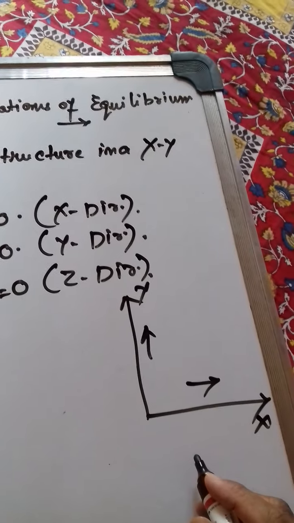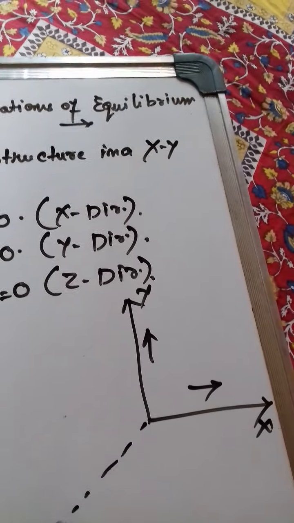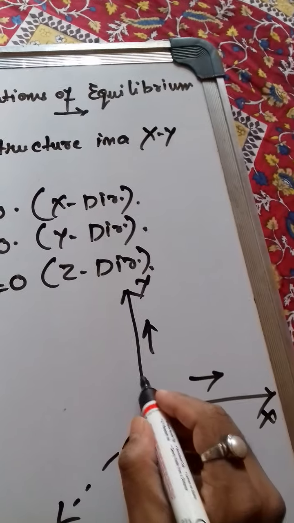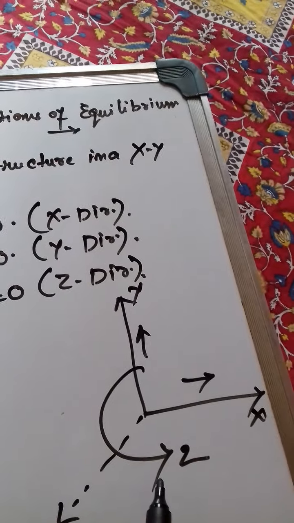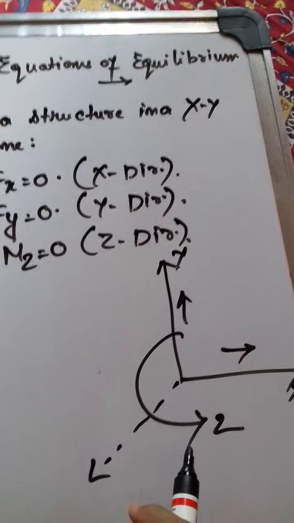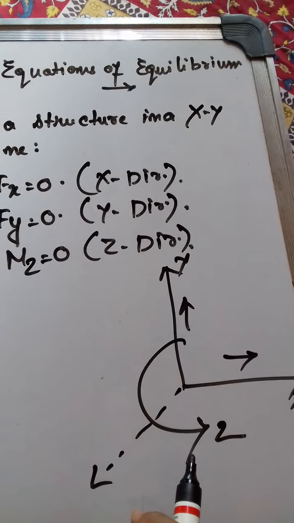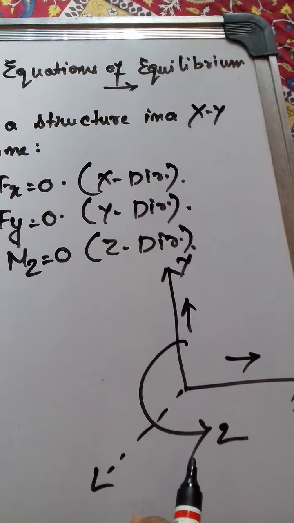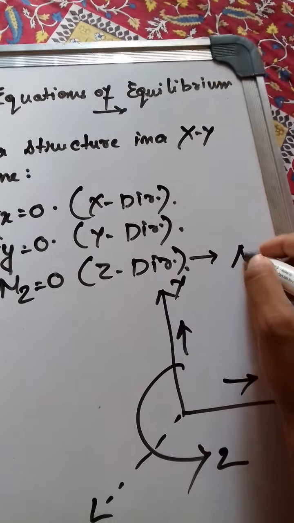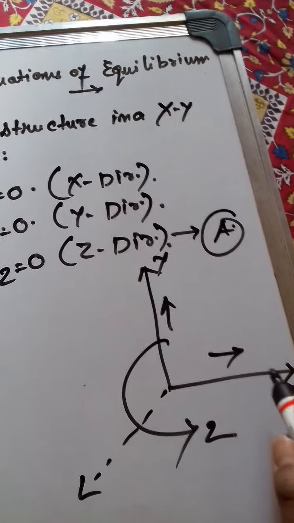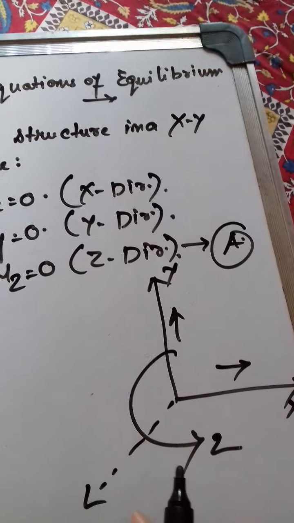But the moment will always be about the z direction for an xy plane. For a 2D structure, the moment will always be about the z direction. The moment can never be about the x or y direction.